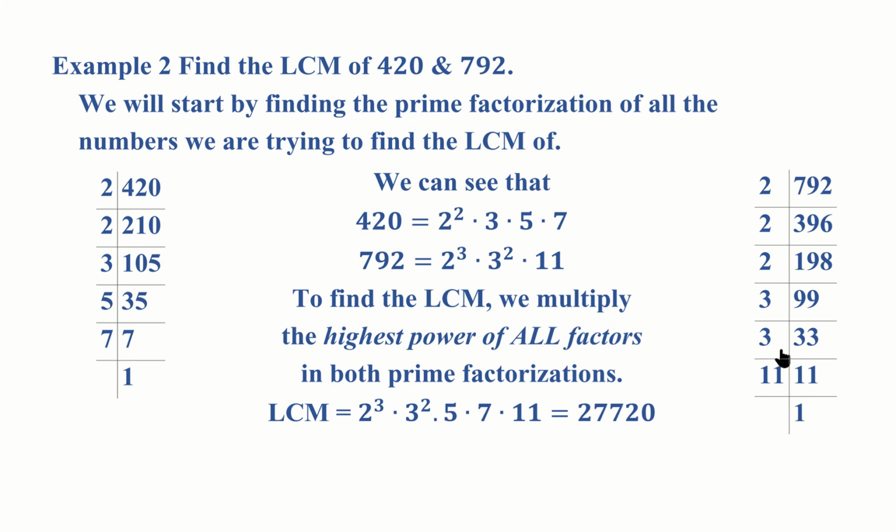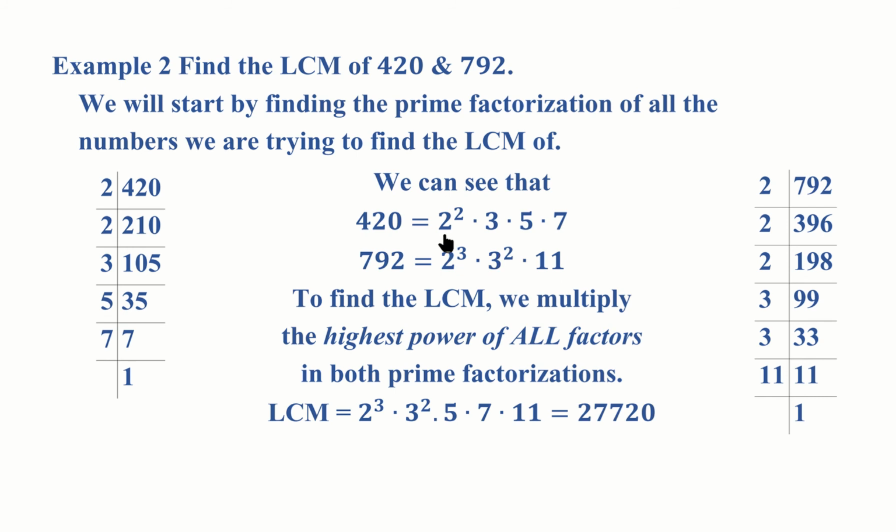Repeat again by 3, we get 11. Now we've hit a prime number, and of course, the smallest prime number that goes into a prime number is itself. And then we end up with that last one, and we're finished. All right, so we can see that 792 is 2 cubed times 3 squared times 11.